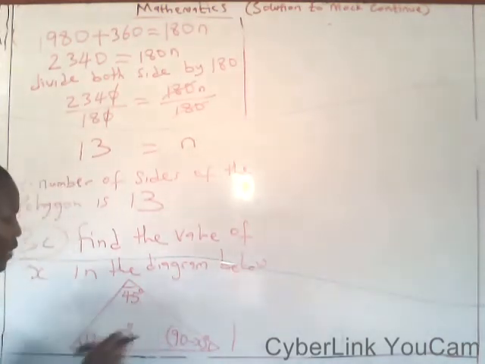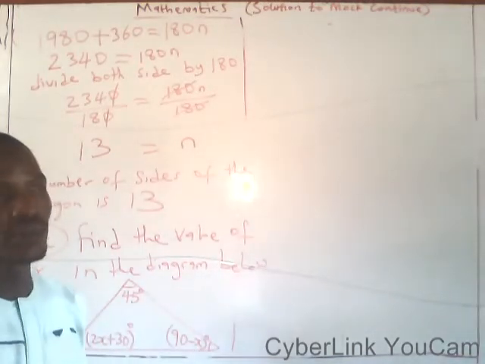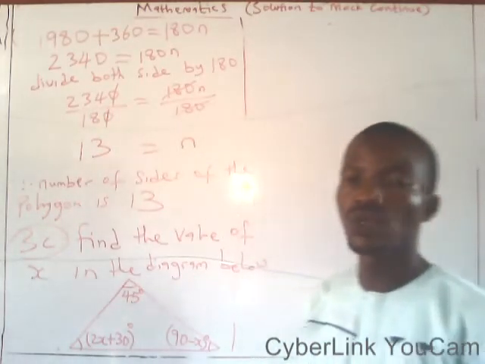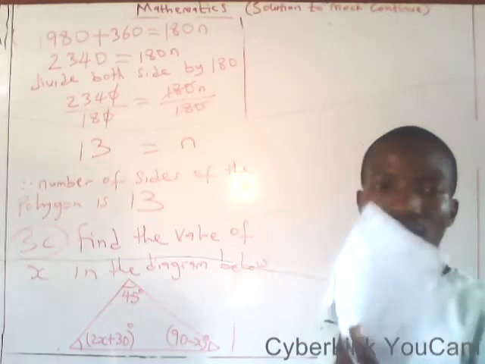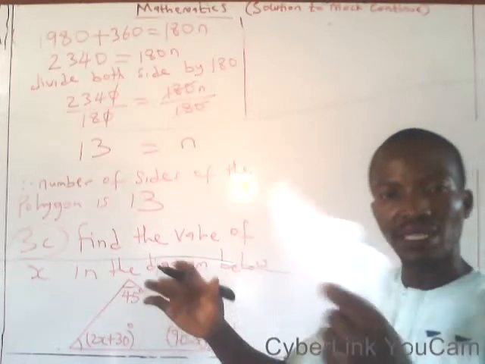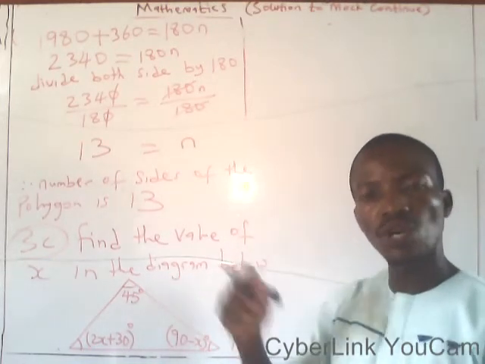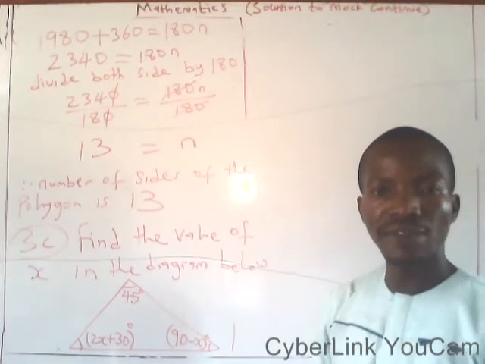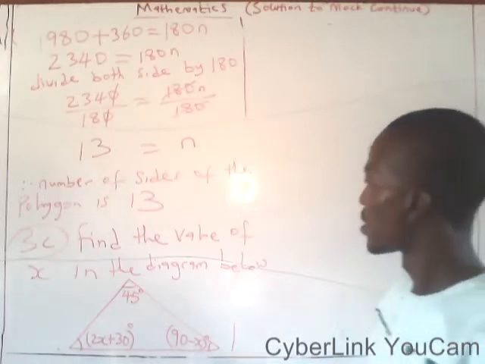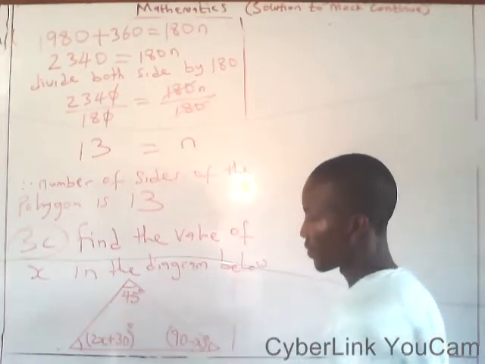We are now asked to find the value of x, and there is a rule that the sum of angles in a triangle is equal to what? Is equal to 180 degrees. No matter how big or how small the triangle is, the sum of angles in that triangle must equal 180 degrees. So in that case, this angle is 45.